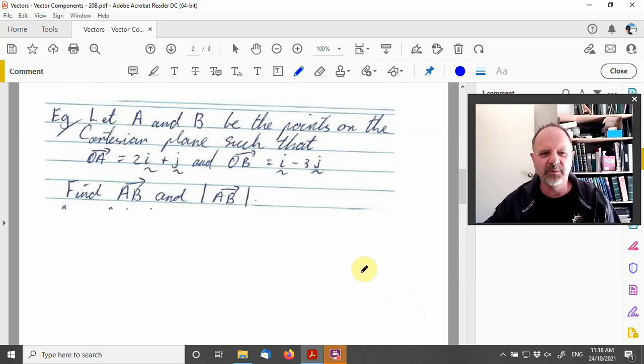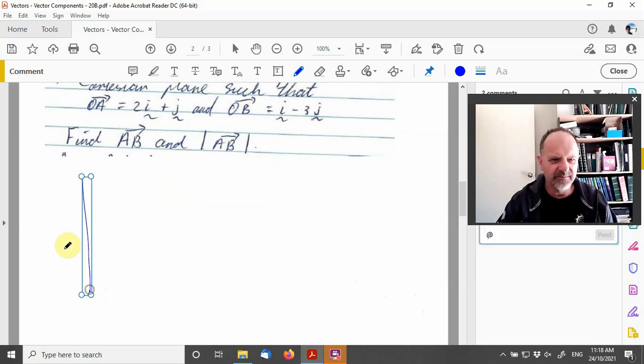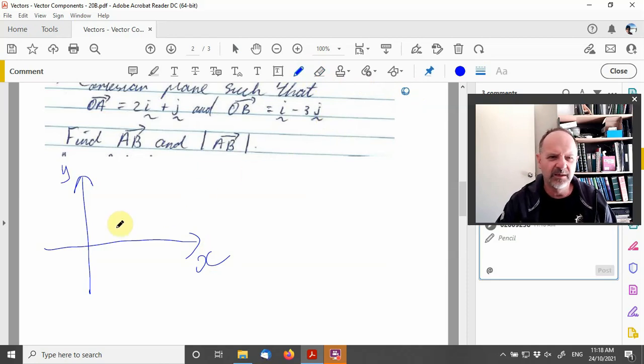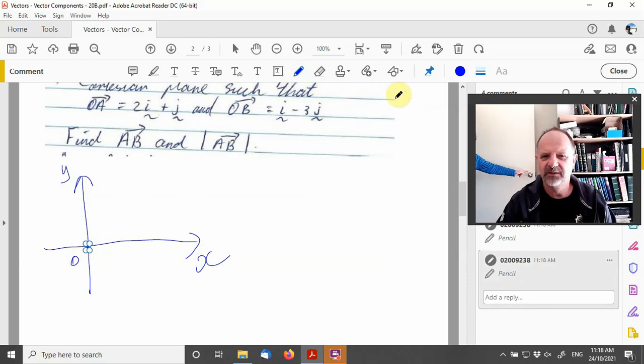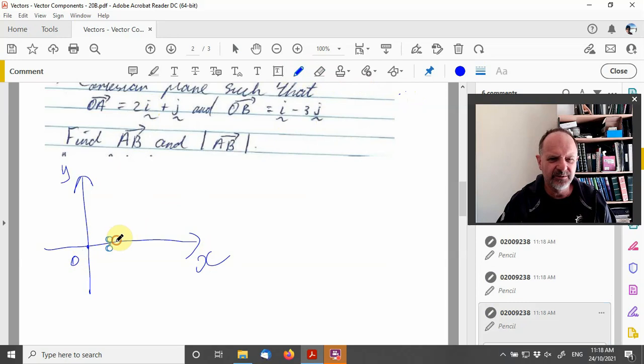The way I will go about doing this is I'll do a sketch, and I like to do sketches. So here's a sketch, y and x. Of course O is here. 2i, so we're going 2 across, and j, so 2 across, 1 up.